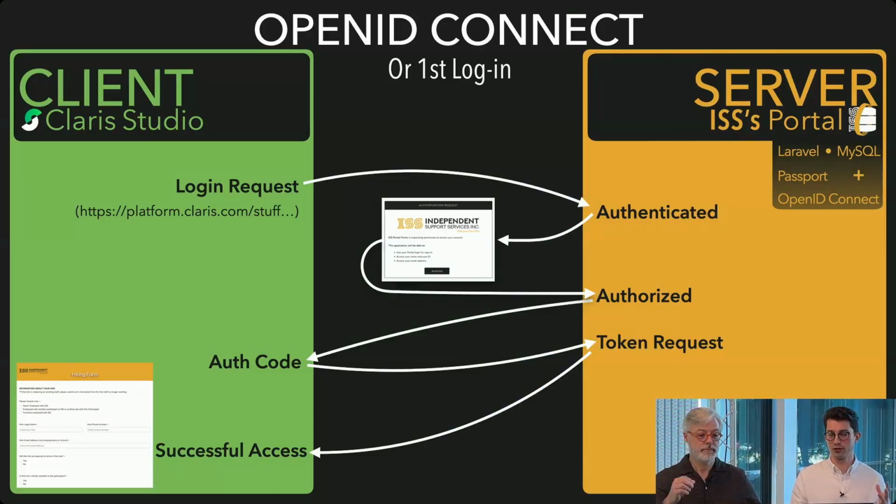Now, the flow goes through a series of back and forth with authentications, codes, and tokens, but results in a successful authenticated handshake. And because this is a standard that Claris uses to speak to external identity providers, anything that implements this flow can provide an SSO to Claris Studio.